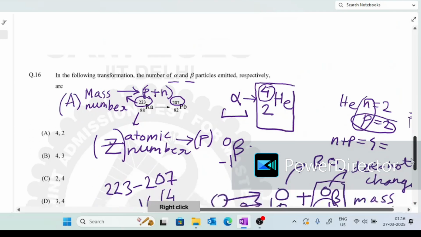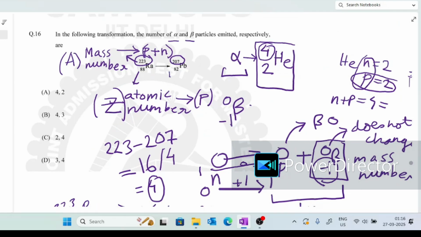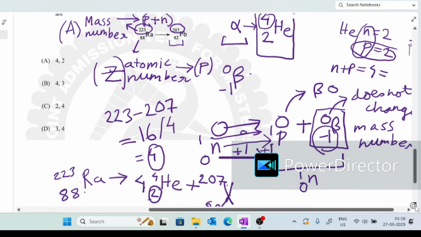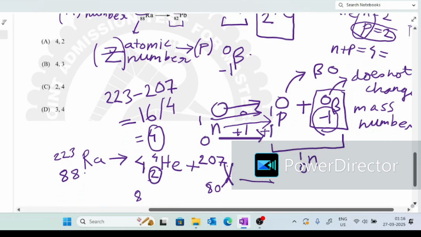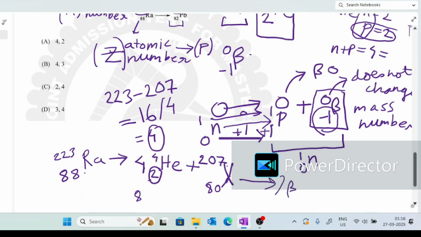But in the question we see that it is not 80 but 82, so it means that 2 neutrons have converted into protons and increased the atomic number by +1 each. So there have been two beta particles, so -1 and 0, and this becomes 82 and 207, so it becomes lead.